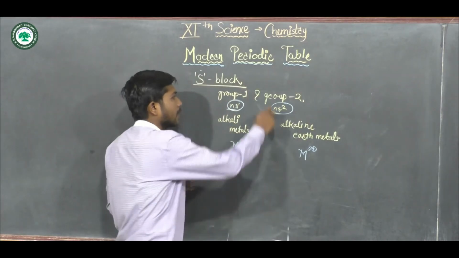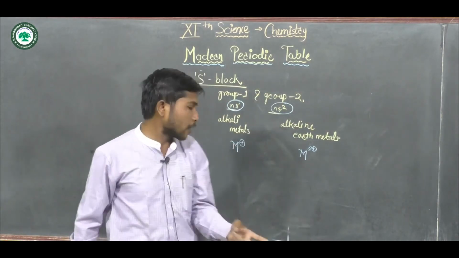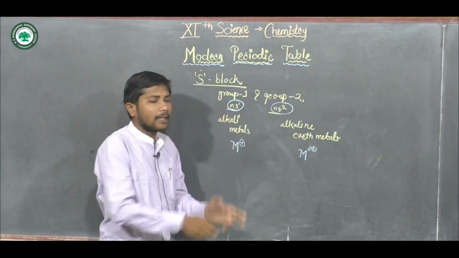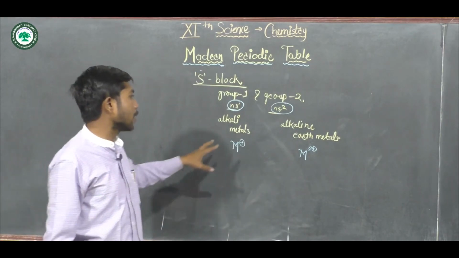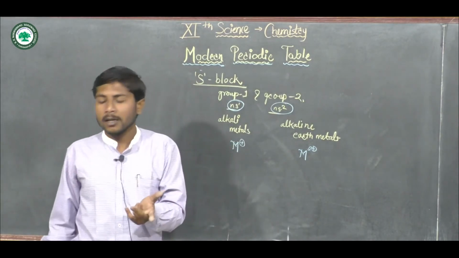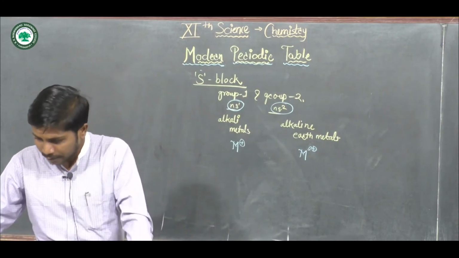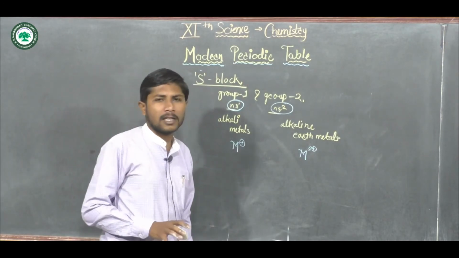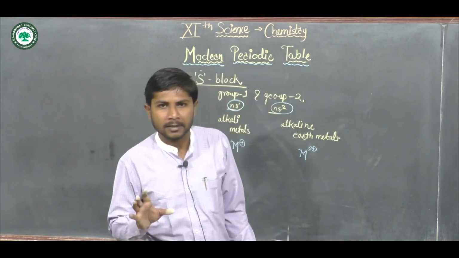Group second or alkaline earth metals donate their 2 electrons and acquire M2+ charge, and alkali metals donate 1 electron present in their outermost orbit to form M+ ions. Now if we see, that is the ionization enthalpy. What is the ionization enthalpy? The energy required to ionize an element.